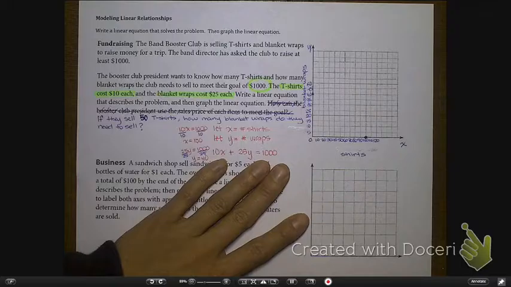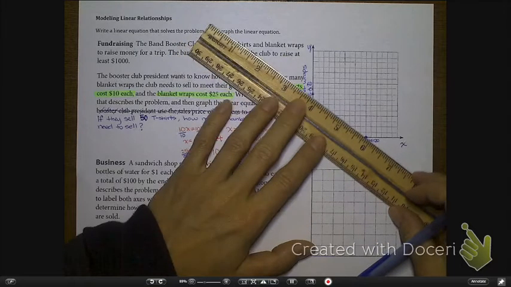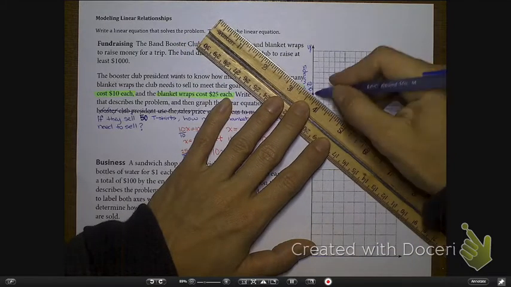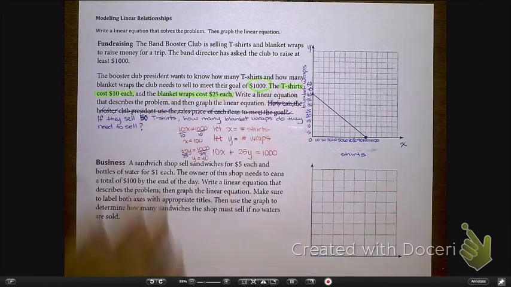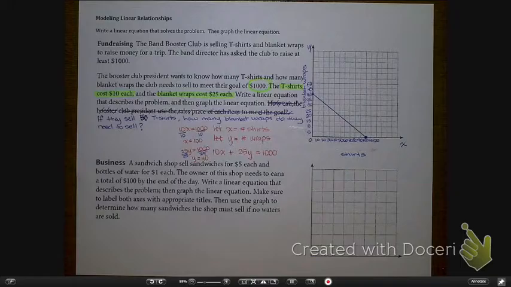Okay, now let's go ahead and connect. So take your ruler. Okay. All right, so now we have our graph.